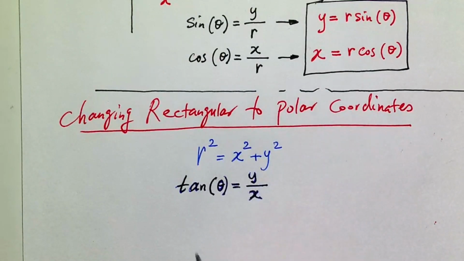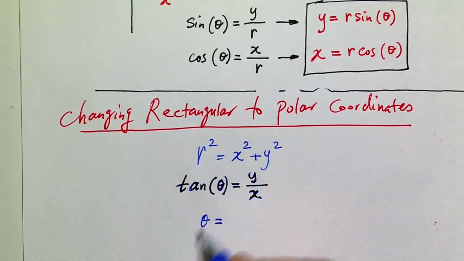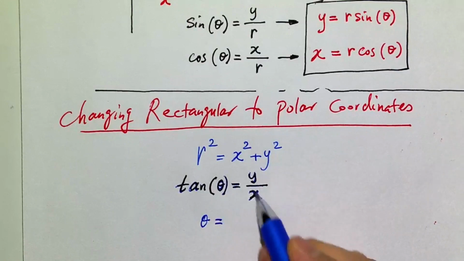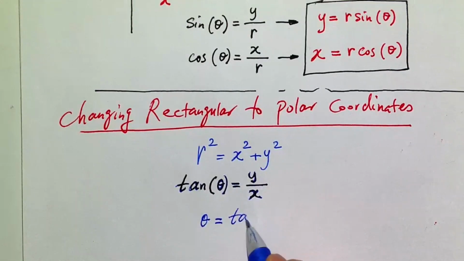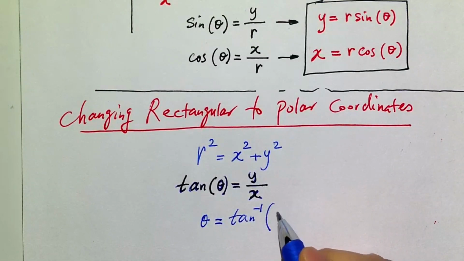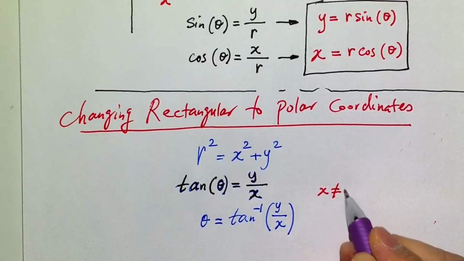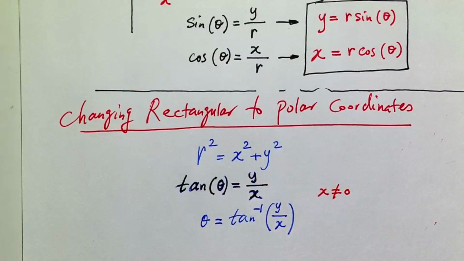Once we have that, then we can say theta is equal to inverse tangent of that quantity. So inverse tangent of y over x. And let me just say x not equal to 0. Okay.